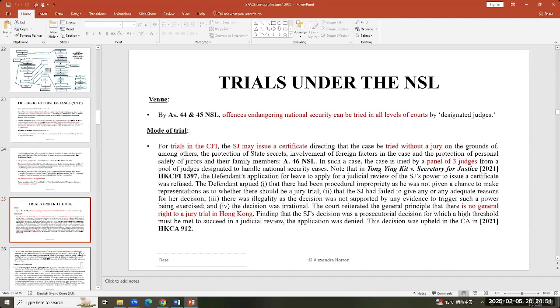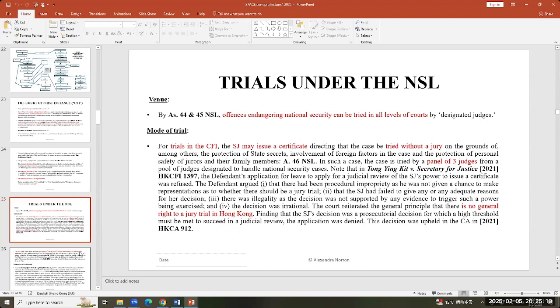What about the NSL? So actually, offenses endangering national security can be tried in magistrate's court, district court, and CFI. If the case is going to be tried in the CFI, then the Secretary for Justice can issue this certificate directing that the case be tried without a jury and instead be tried by a panel of 3 judges.